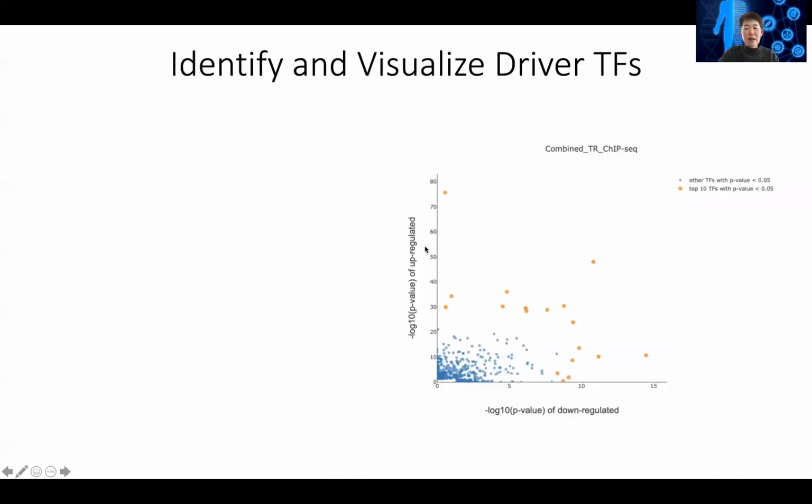So you can imagine if you compare the differential genes between conditions, like there are some upregulated genes and there are some downregulated genes, you can run this through LISA and it will actually tell you which transcription factor is important for upregulation, what other transcription factor might be important for downregulation, and there might be some factors that influence both, right?